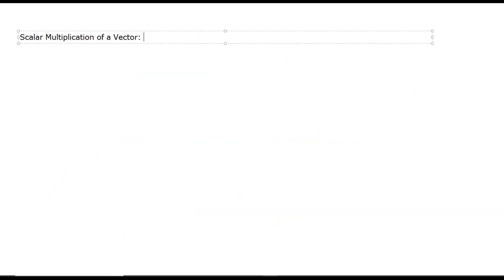So what I'm saying is if I give you a vector, something like the 0, 0 pointing at 0, 6, if I multiply that by a number, what happens to it? Well, it changes the length. That's all a scalar multiplication of a vector does.